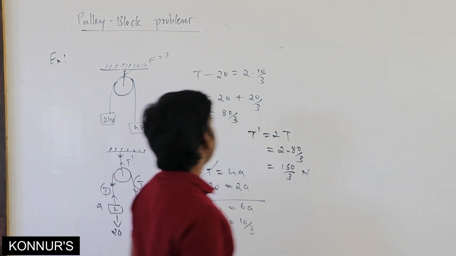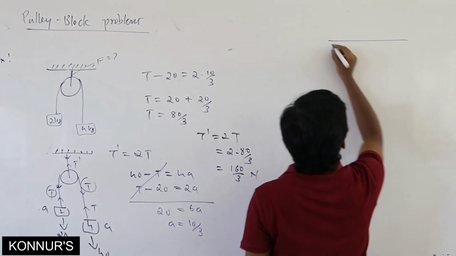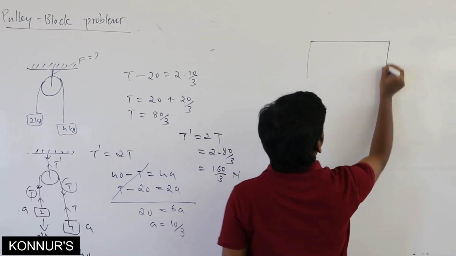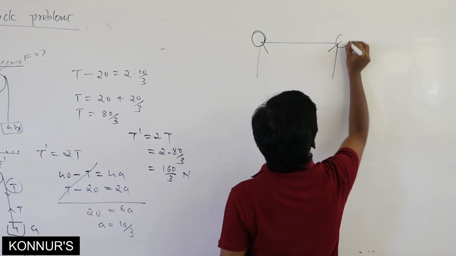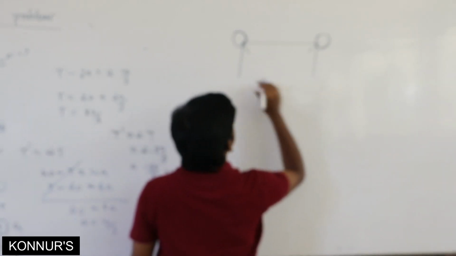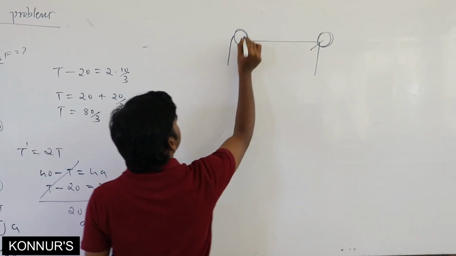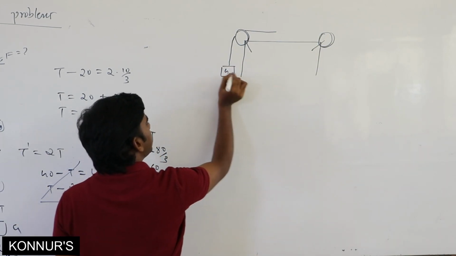Okay. So similarly, if I take two bodies which are hanging on a table, this is one pulley. Here another pulley is going to be there. Okay. So here I will connect a mass, say some 4 kg.